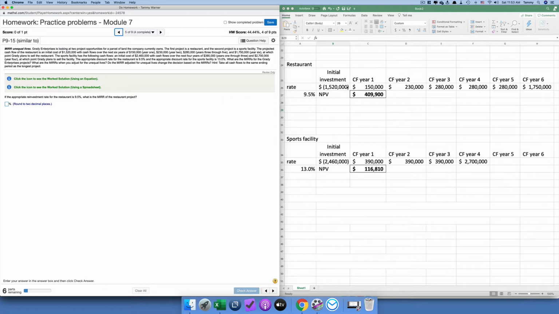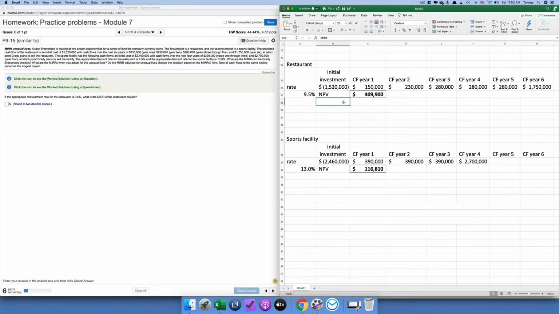I've gone ahead and plugged in the numbers that they're giving. And so the calculation for the modified IRR, just to refresh your memory, you have to assume that you are reinvesting your money at a reinvest rate, which in our case is going to be the same as the discount rate.